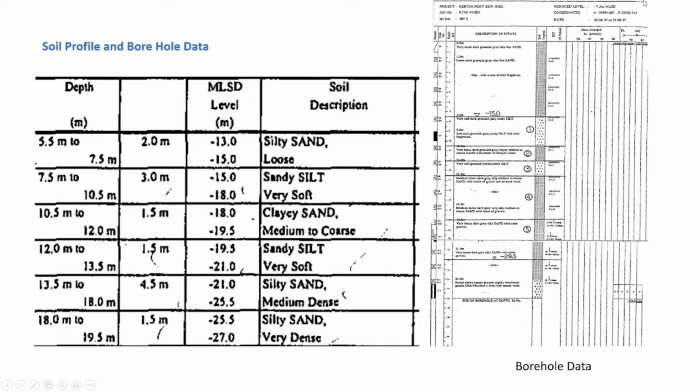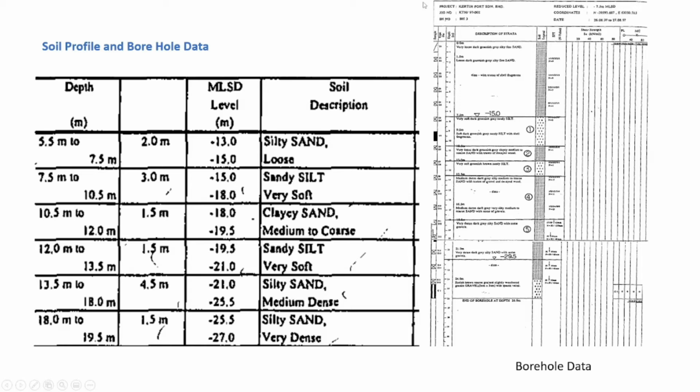You can see that the first depth, 0 to 5.5 meter, is not indicated as the ground is not that good. From depths of 5.5 meter to 7.5 meter, the ground is made up of silty sand and loose sand.